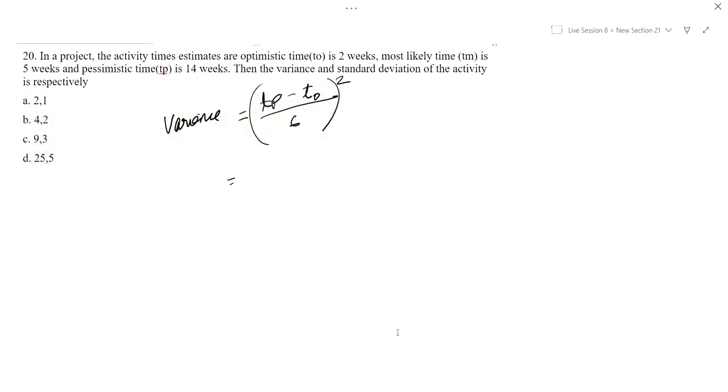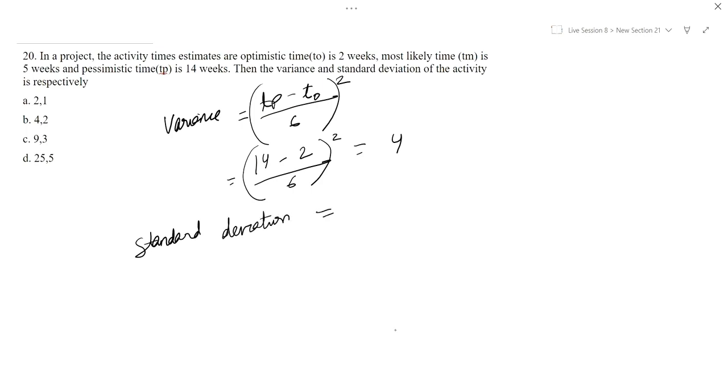This is pessimistic time 14 weeks, optimistic time 2 weeks, by 6 whole square is equal to 4. Now standard deviation is root of 4, which is equal to 2. So the correct option is 4 and 2, option B.